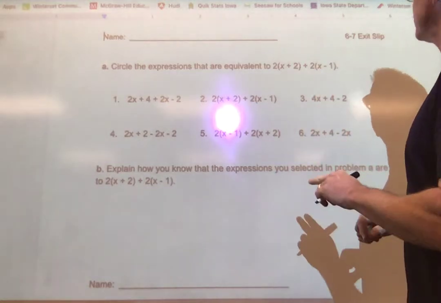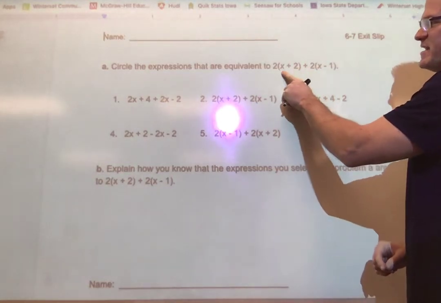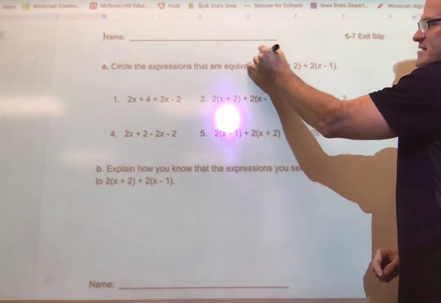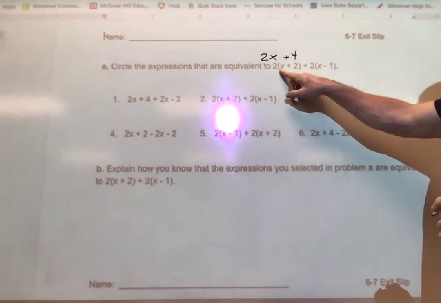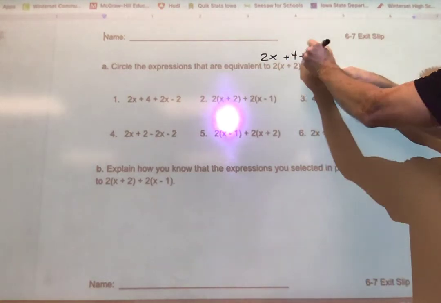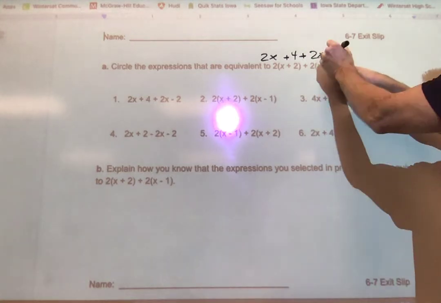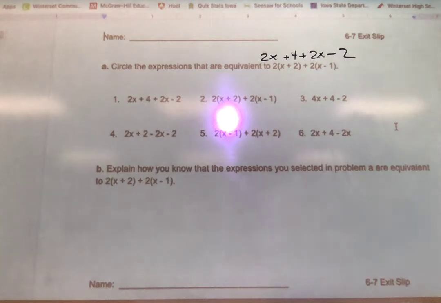This looks a lot like the same thing we did in the last exit slip. We've looked at this one, so let's distribute again. 2 times x is 2x plus 4. Again, I took the 2 times everything inside there, plus the 2 times the x is 2x minus 2 times 1 is 2. All right, so we had that expression there when I distribute.